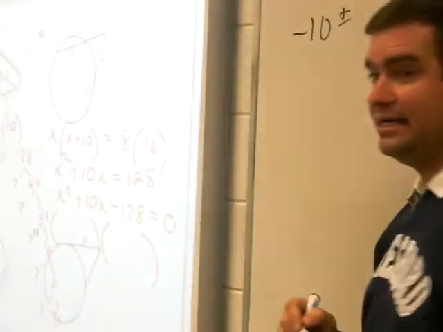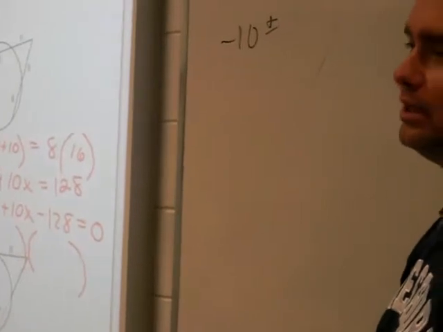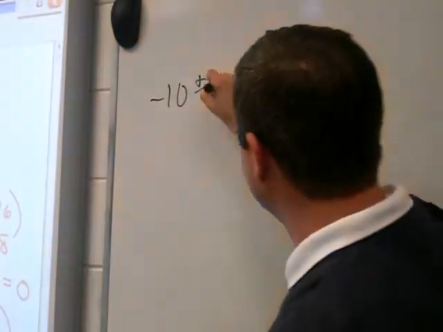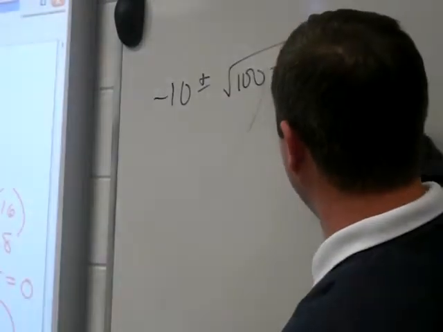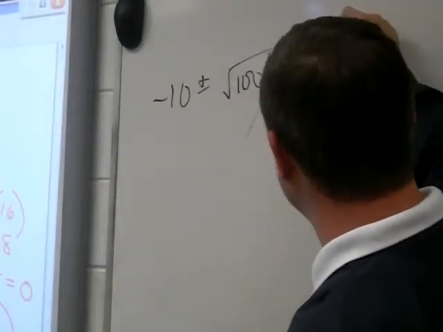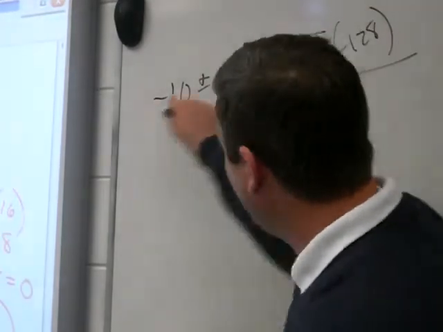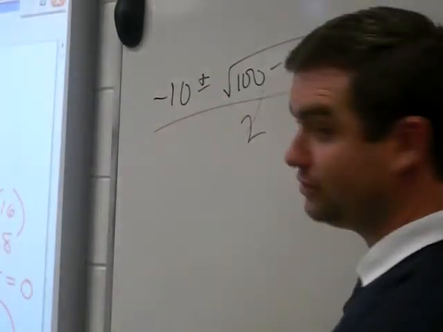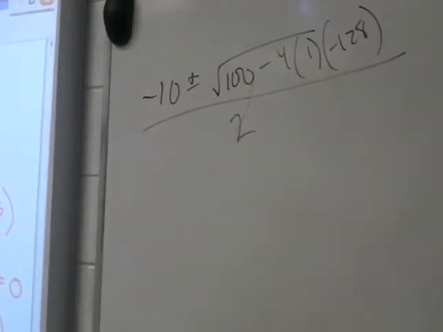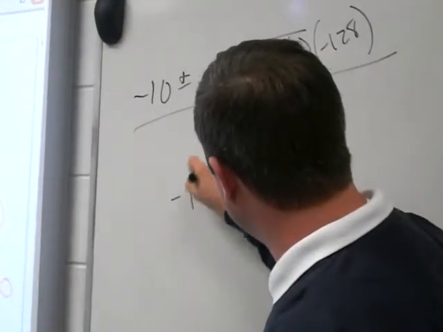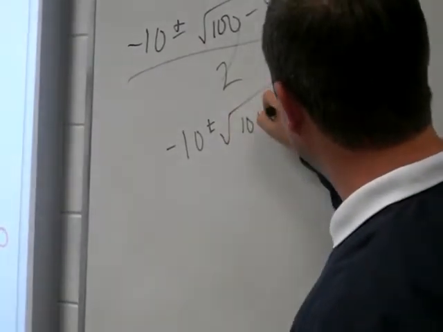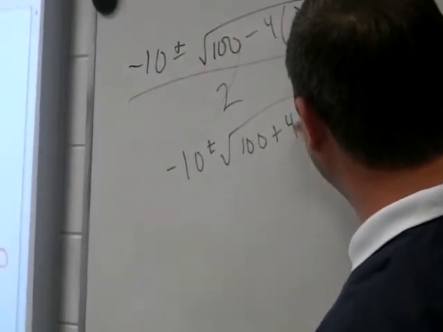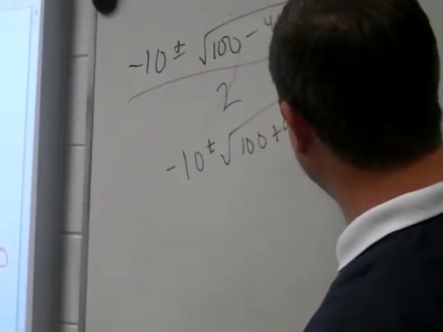Negative B plus or minus the square root of B squared minus 4 times A times C, all over 2 times A. So negative 10 plus or minus the square root of 100 plus 512, all over 2.